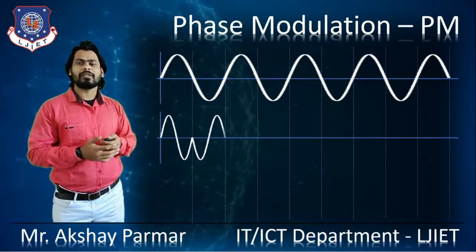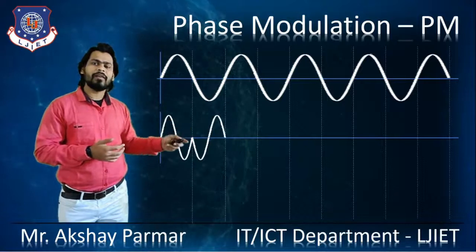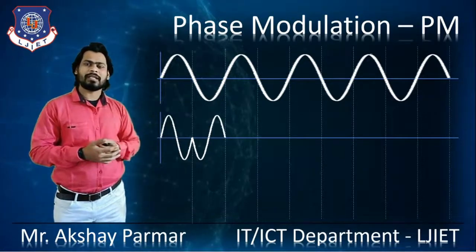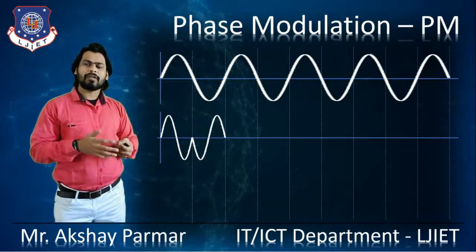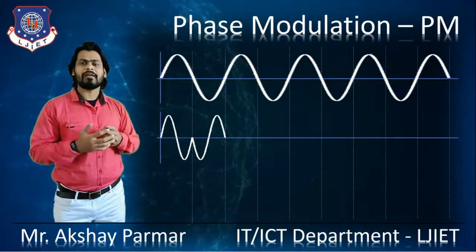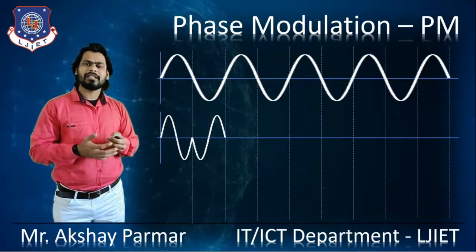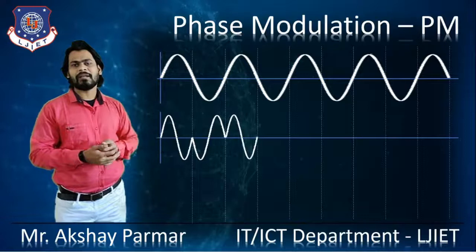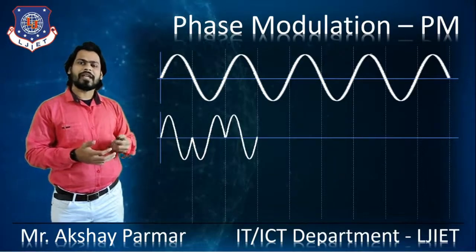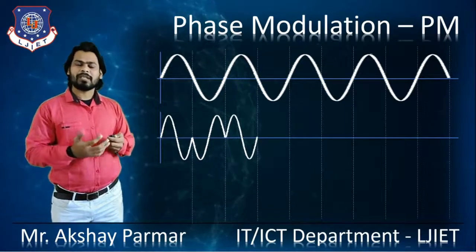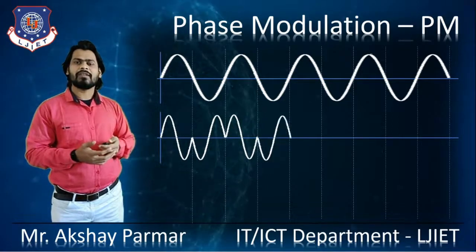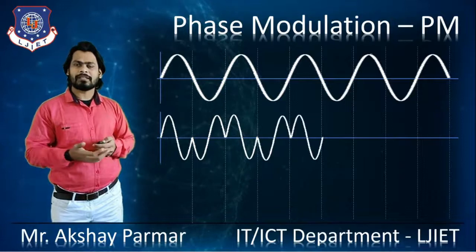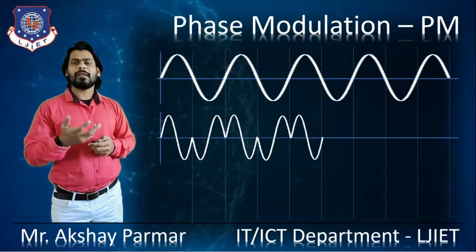After that, the positive side of the signal is encountered, so we use the same method and represent it by a signal which has the 0-degree phase difference, right? After that, the negative side is there, so we represent it by the 180-degree phase difference, and that's how we are modulating the carrier signal with respect to an input signal, right?